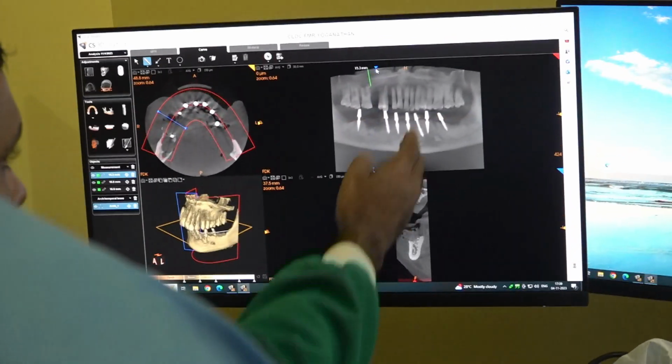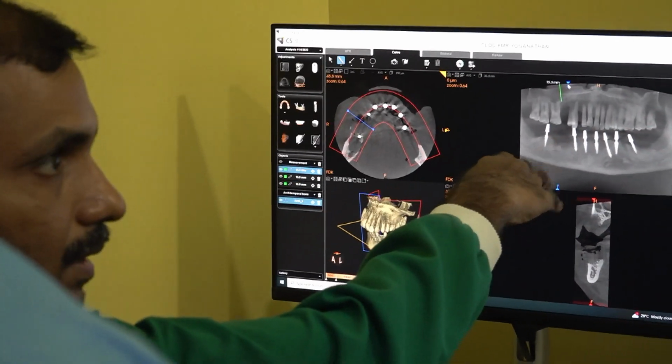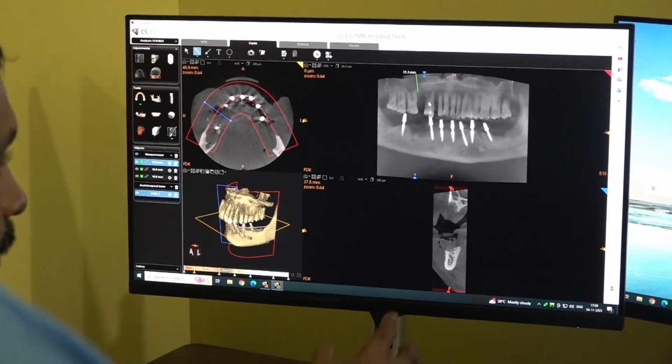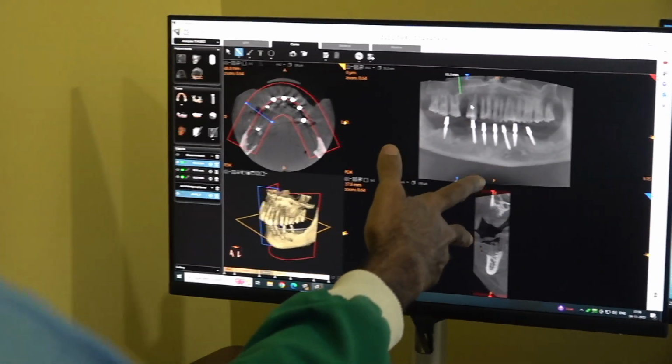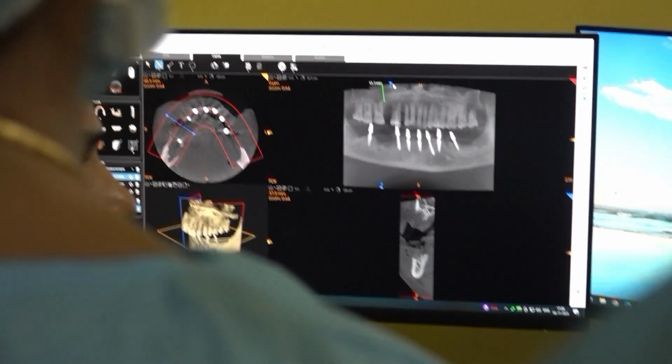There won't be any problem because you have a good number of implants on the other side. When the patient is biting on this side, the force is going to get distributed to all the implants. If you are very doubtful, you can do a double welding. That will increase the rigidity. When you put one wire, you put one more wire over there. So that will increase the rigidity of the system.